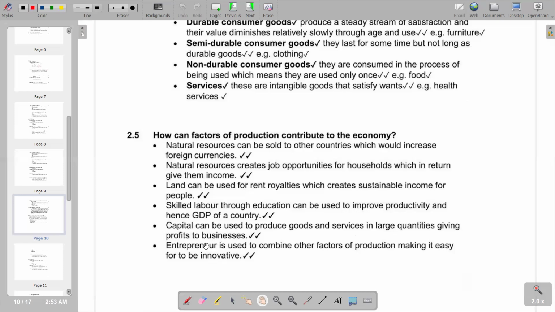So capital now becomes the issue of our equipment and machinery. Then the entrepreneur is used to combine other factors of production and make it easy to be innovative. So entrepreneur now describes the knowledge possessed by the employers to produce those goods.